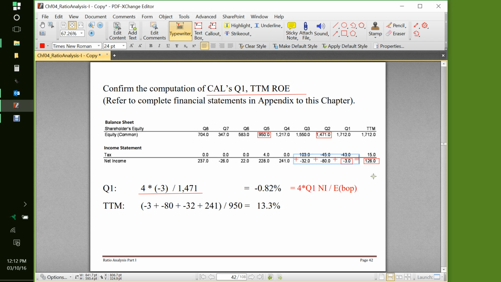So I could just pick that 126 up from the TTM, or I could add it up the slow way like I did here. All right, so these units here, net income, this is dollars per year, so I'm all good there. I don't have to multiply by 4. And we divide by 950, which is for the year, the beginning of period equity. And I work that out and I get 13.3%. So this slide is very, very important.